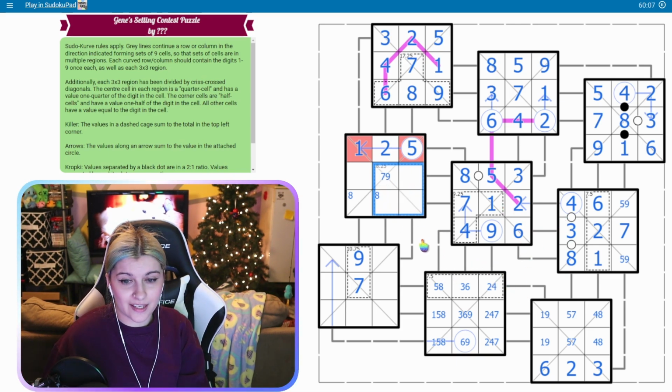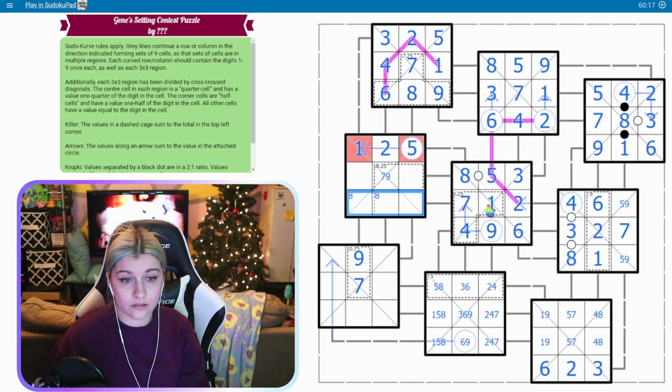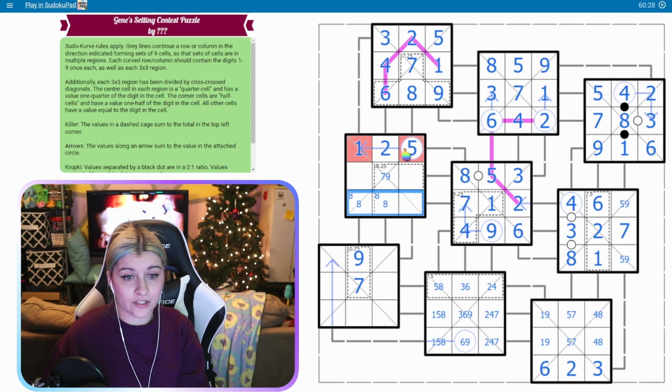I've been putting off this 18.25 math, but it might be time. This needs a 5, 8, 9. And a 3. Yeah, I have 4 cells. 5, 8, 9, 3. Oh, but actually I can't use a 5. So this is a 5. And this is a 9.